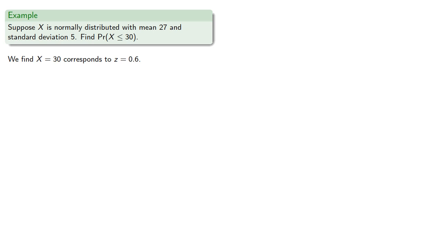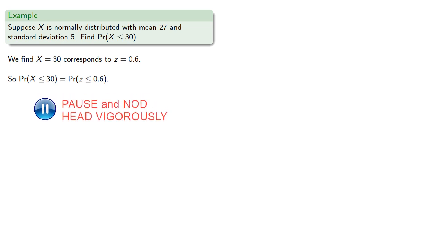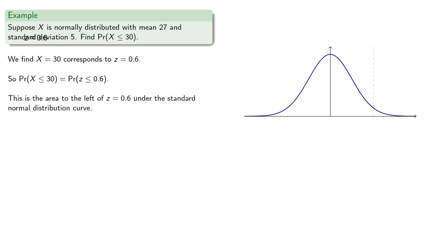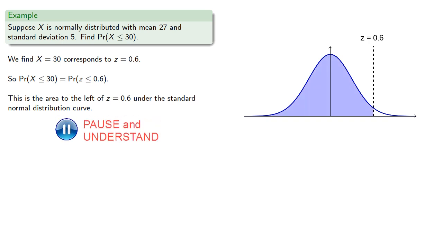And so x equals 30 corresponds to z equals 0.6, and so the probability that x is less than or equal to 30 is the same as the probability that z is less than or equal to 0.6. This is the area to the left of z equals 0.6 under the standard normal distribution curve. And consulting our table, we find the area.